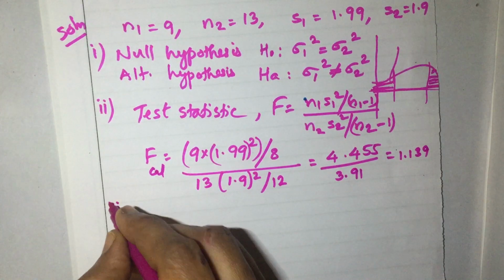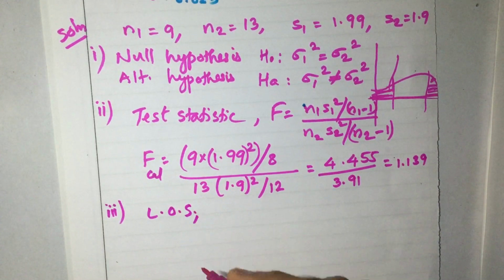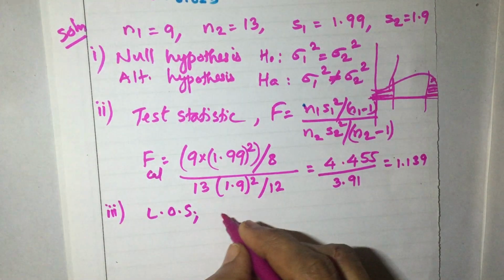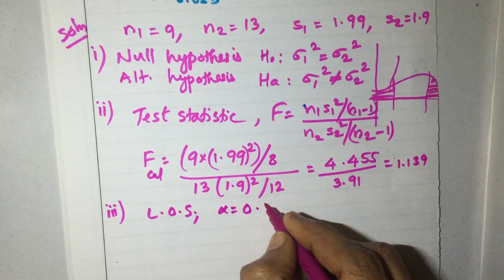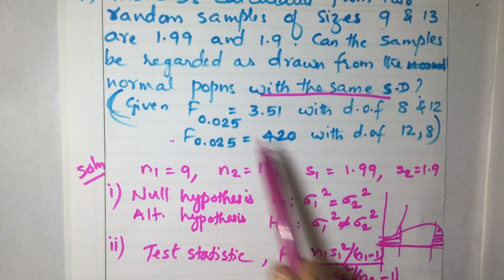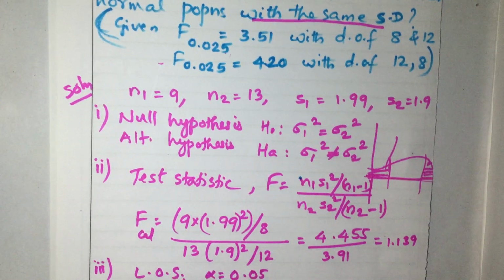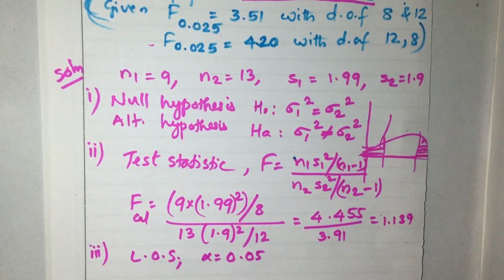Now third, the level of significance. It is given alpha is equal to 0.05. It is not given here, but we can make it out from here. Being a two-tailed test, the level of significance will be twice of that one. So alpha is 0.05.